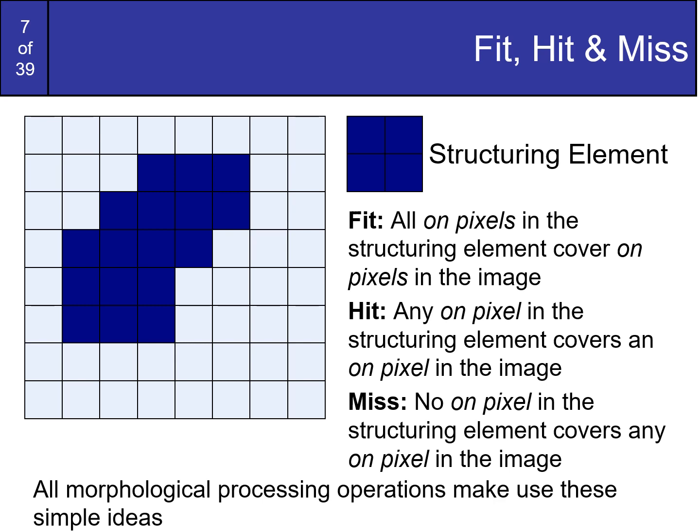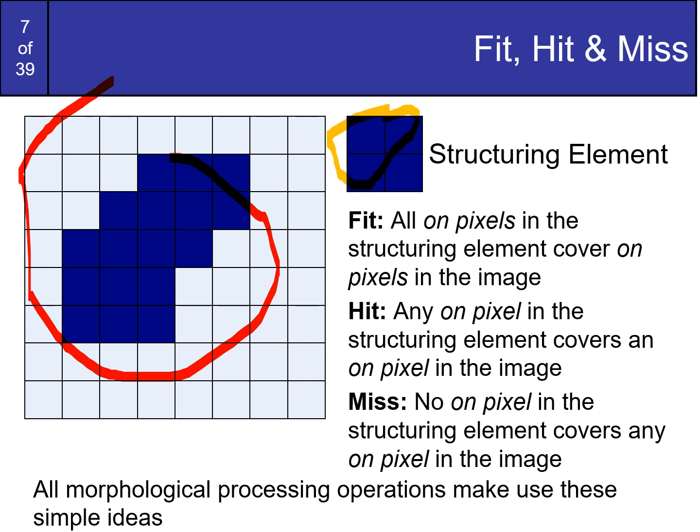So the term is fit. What is fit? Fit occurs when all on pixels in the structuring element cover on pixels in the image. On the left here is the image. We will put the structuring element on the image, to better understand all these terms.